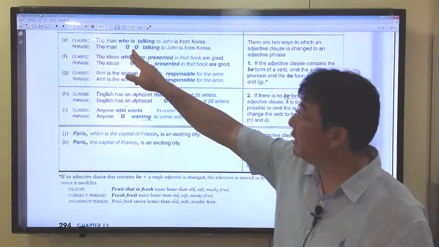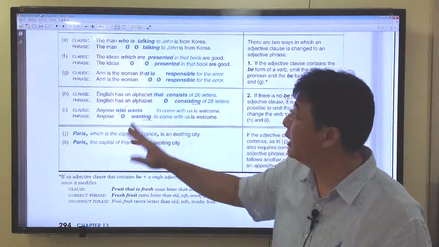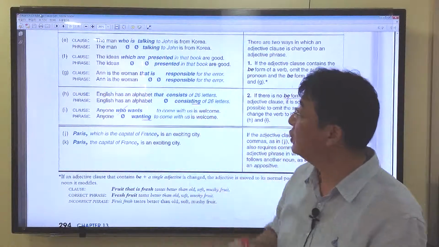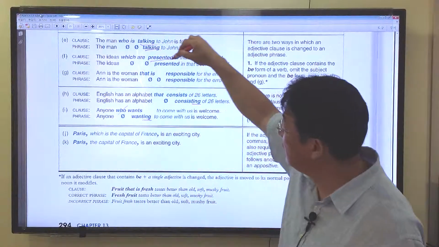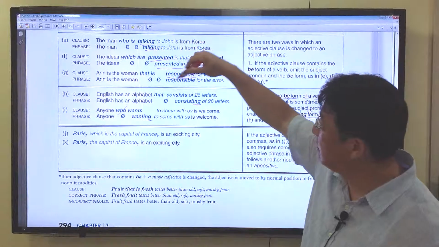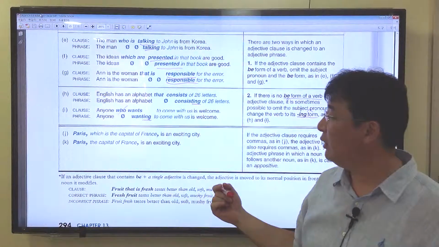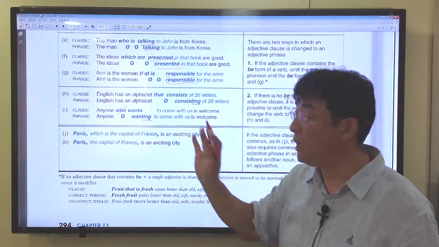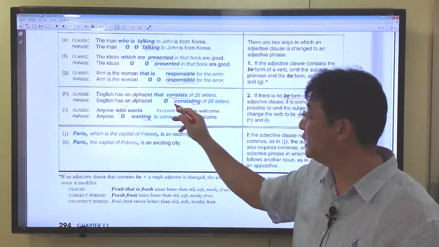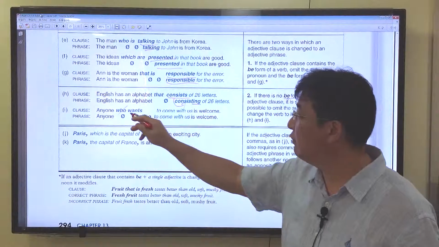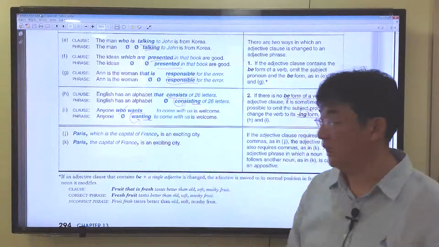So be동사 있을 때는 be동사까지 생략하고요, 그 다음에 뒤에 나왔던 것들 그대로 똑같이 쓰면 되죠. 그죠? talking은 talking대로, presented는 presented대로, responsible. However, when you have common verbs, you don't have a be form of verb anymore. Then from consists, it's got to be consisting, from wants to wanting.